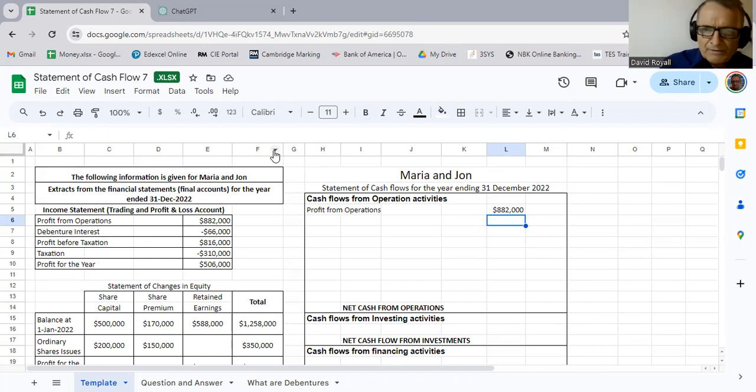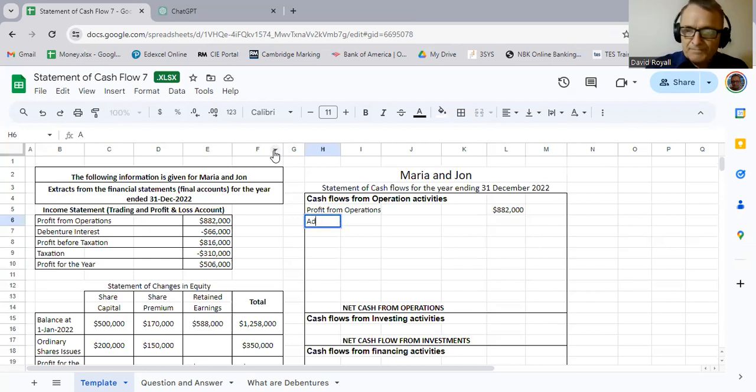So what I want to do now is, unlike the more indirect method where I had to start with the retained earnings and disentangle that for cash reasons to find the profit, here I've got the profit, so I can go straight in and look at those expenses or incomes that were in the trading and profit and loss account, but did not impact on the cash flow.